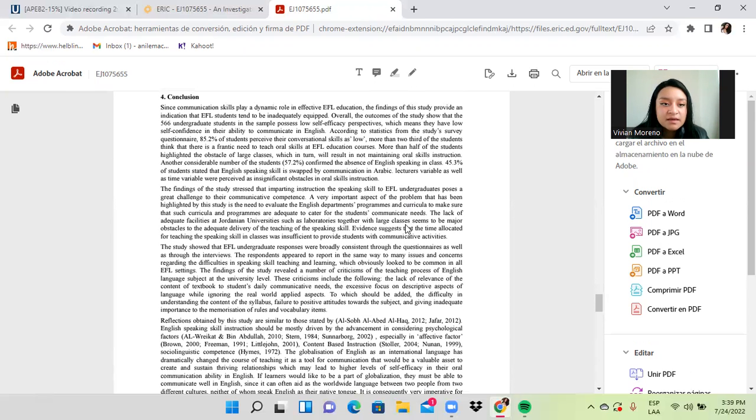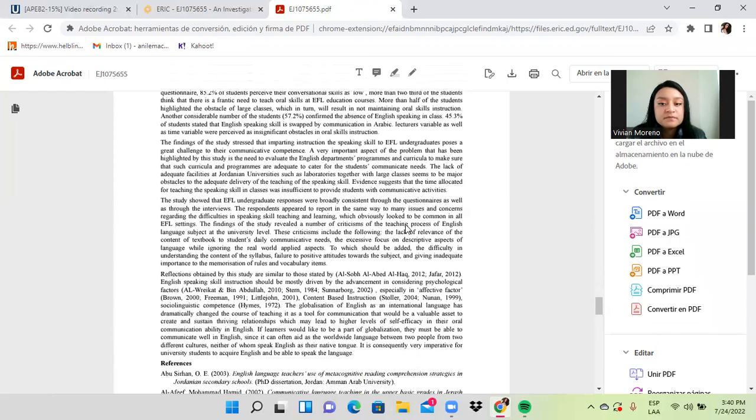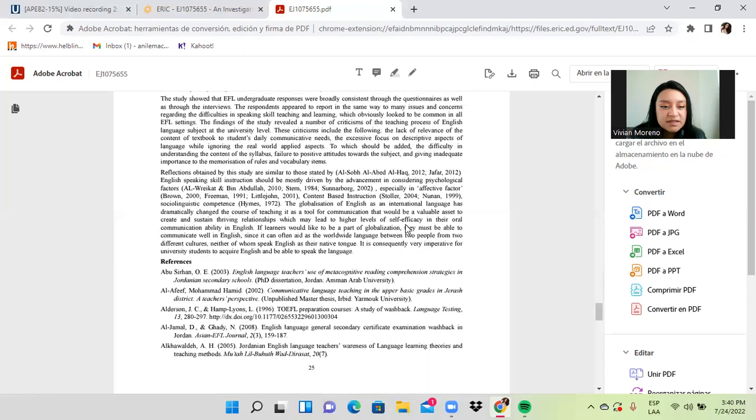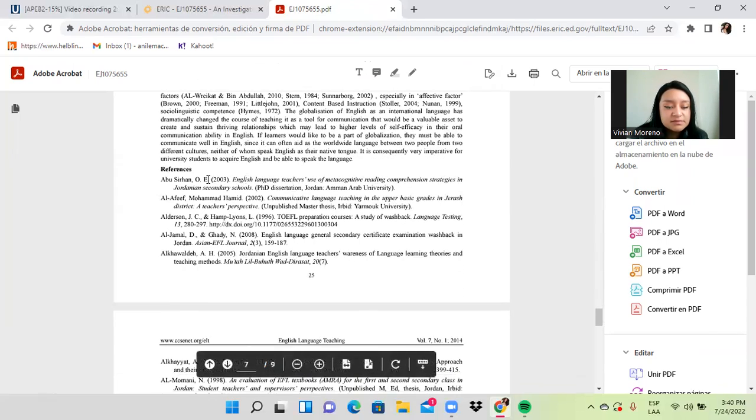So the researcher can make a relationship between the results, and of course in this case it was the speaking skill that was tested, how student performance was at the end of the quiz, of the investigation. Right, and finally here you have the references.